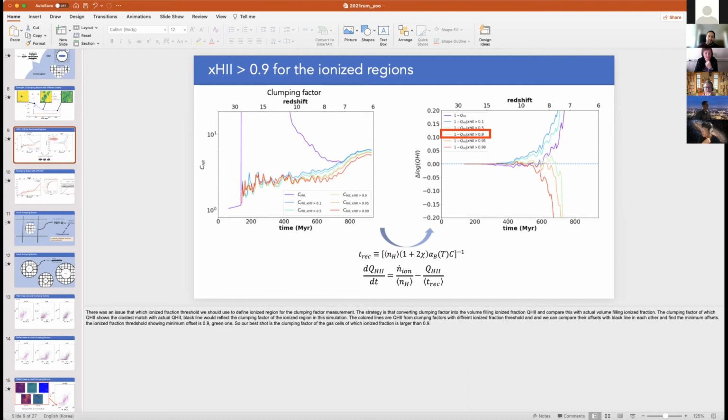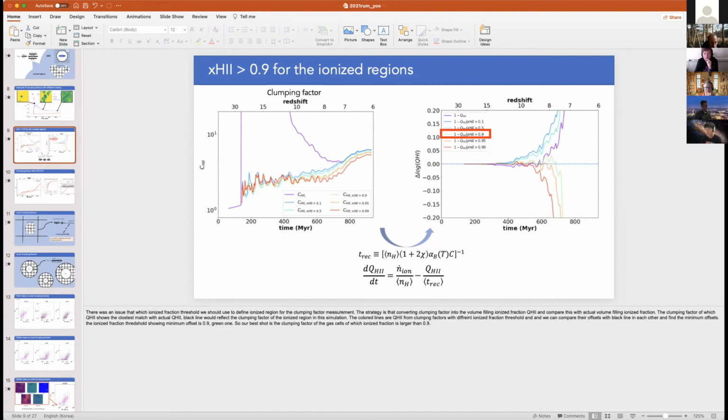Yes, that's a very good question. This is the result of SPHINX 10 with 10 megaparsec size, and I'm now testing whether this result of clumping factors depends on the box size. I look at how this value changes with the box size and see whether it is converged or not.